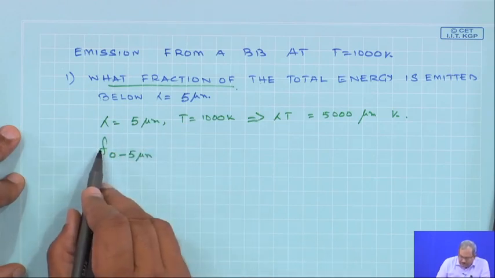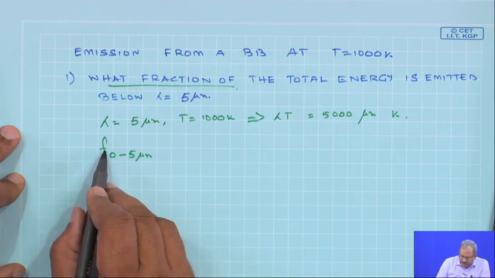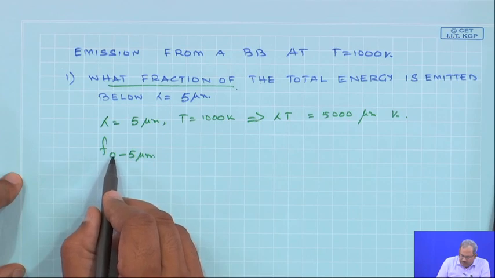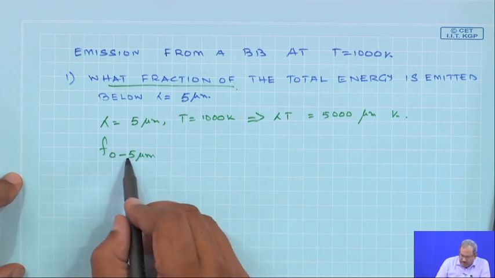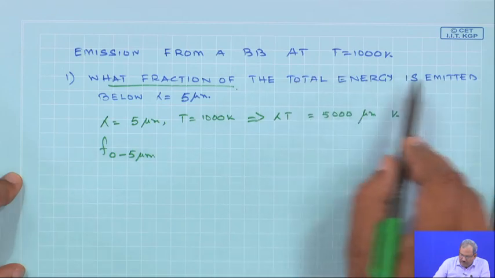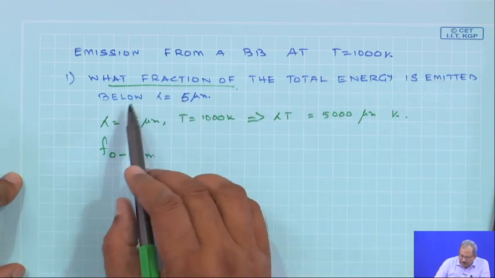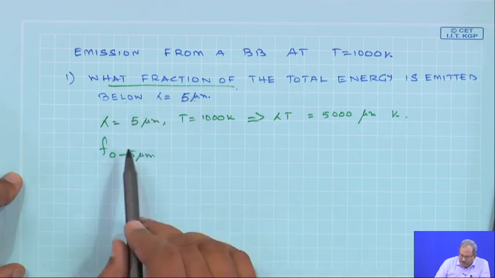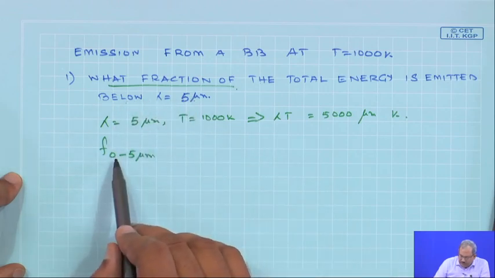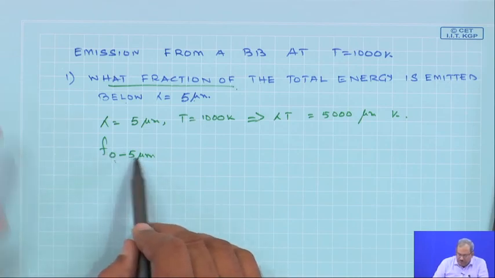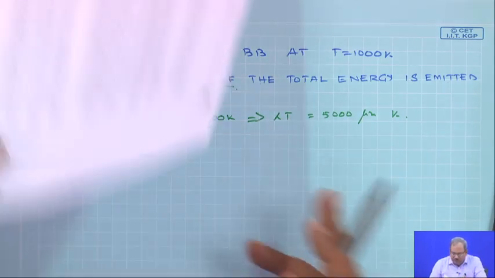The value of the Blackbody radiation function between 0 to 5 micron, fundamentally what this tells us is f 0 to 5 is the fraction of the total energy that is emitted by a Blackbody at a given temperature between the range 0 to 5 micron. So, from the adjoining table, I need to find out what is the value of f of 0 to 5 micron.